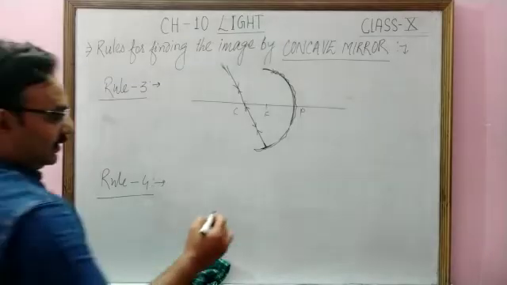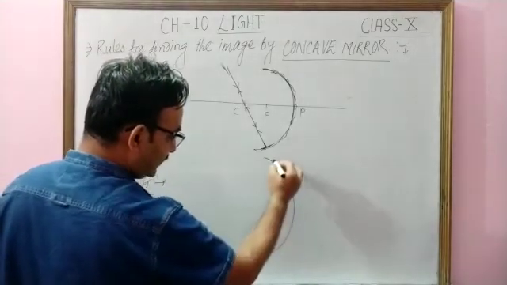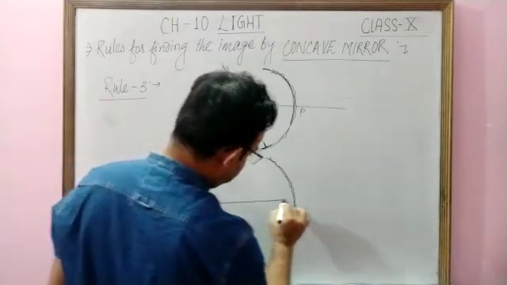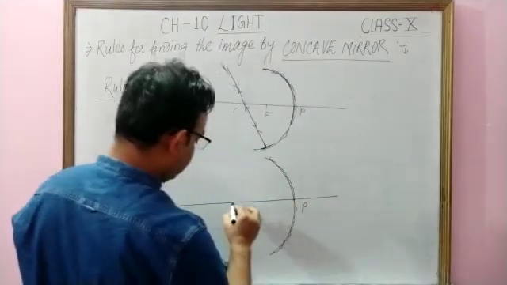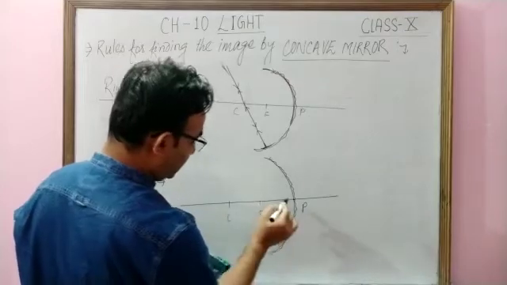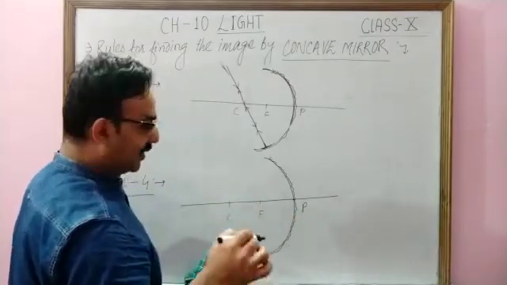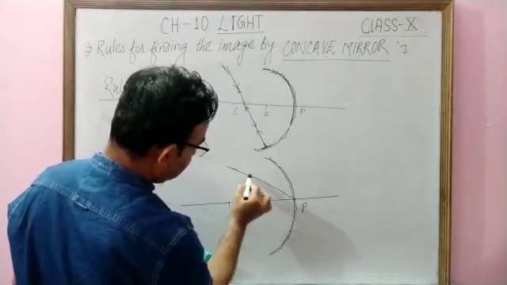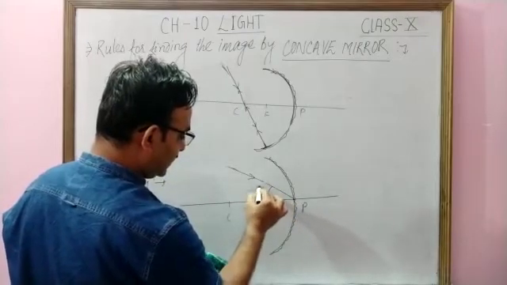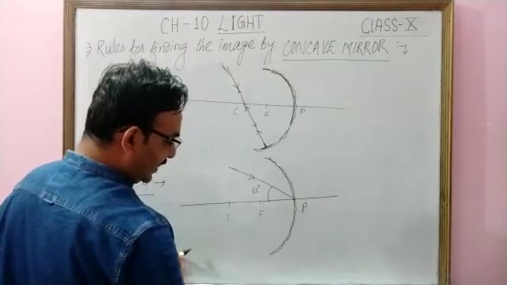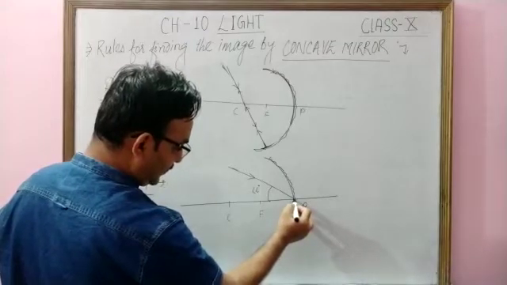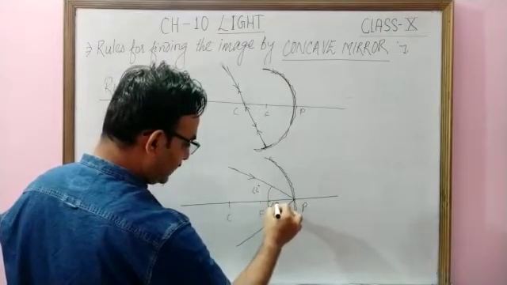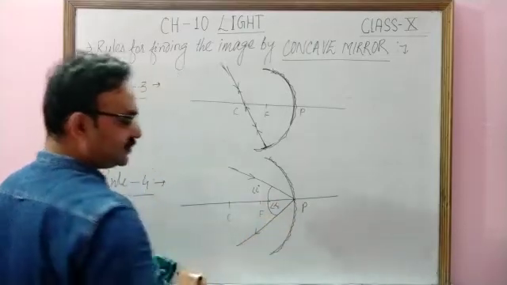Then next is rule number 4. If incident ray strikes the pole by making some angle with the principal axis, this is incident ray, angle of incidence, then reflected ray also makes the same angle, angle R, with the principal axis.